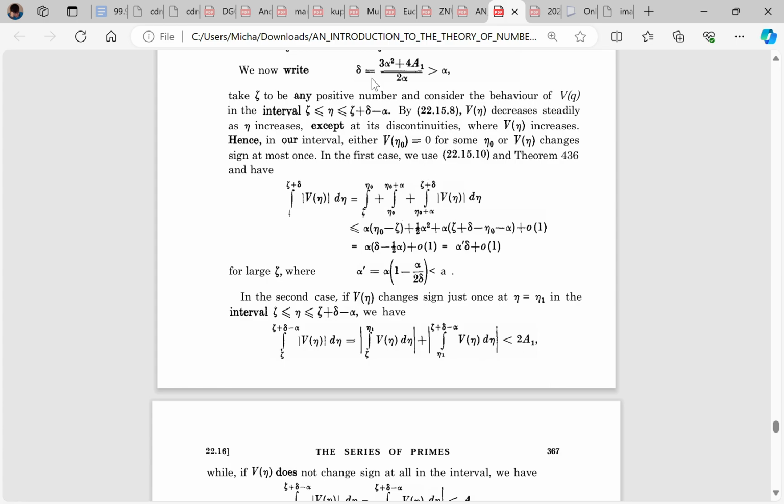Because the delta times 2 alpha times alpha is at least 2A1. So this is less than delta times alpha.